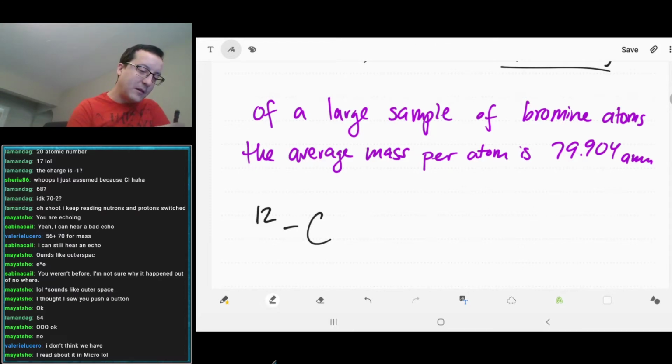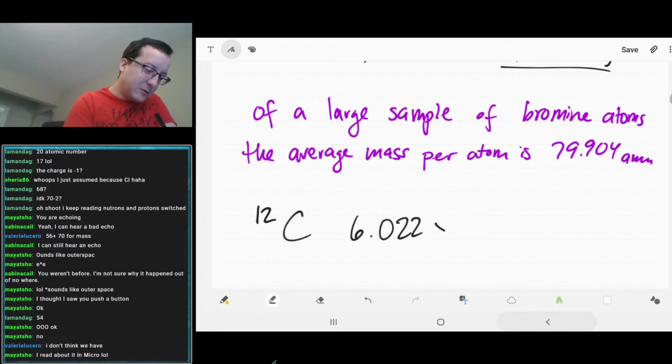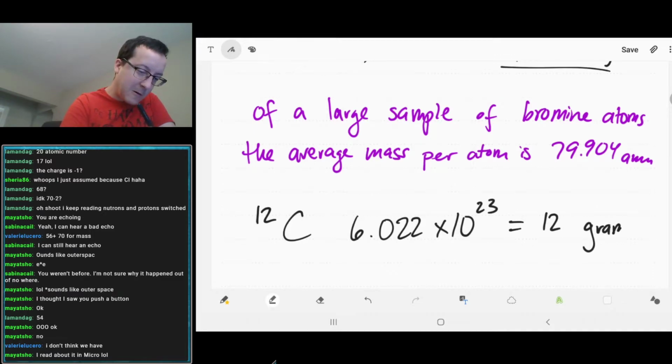Carbon-12. We're going to see that 6.022 times 10 to the 23rd of these carbon-12 atoms is exactly 12 grams of carbon-12.